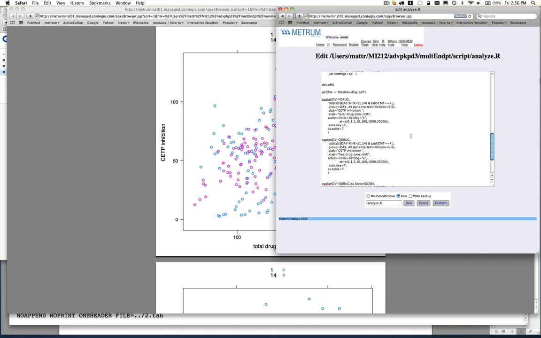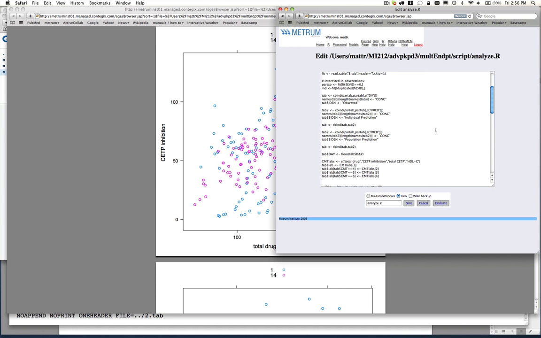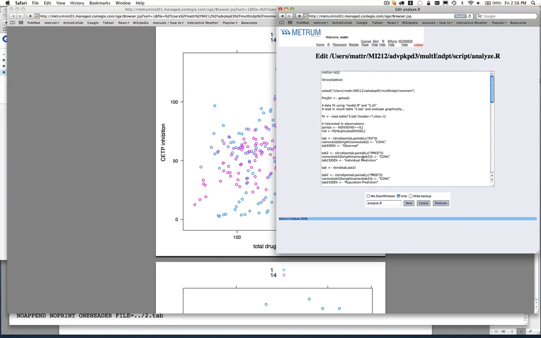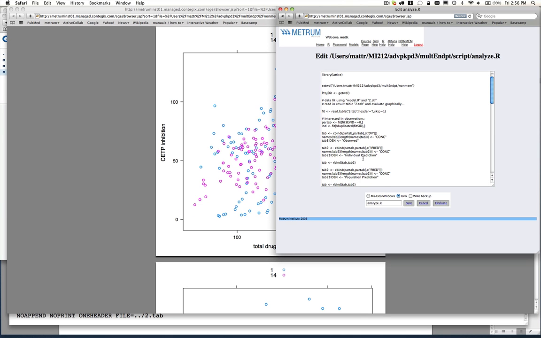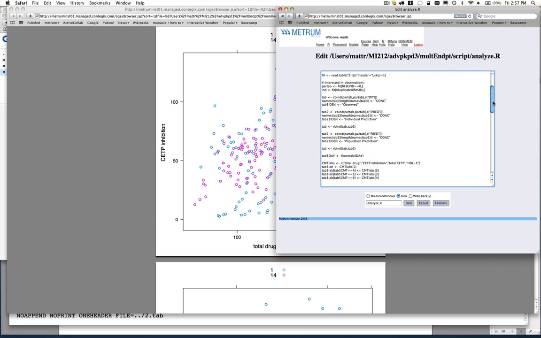Okay, so when I post up the answer, there'll be something called analyze.r, which is the R script that does some very basic plotting for this particular example.